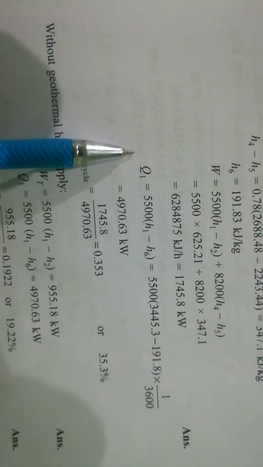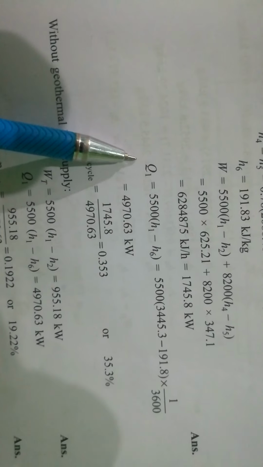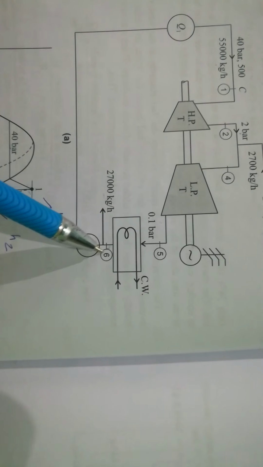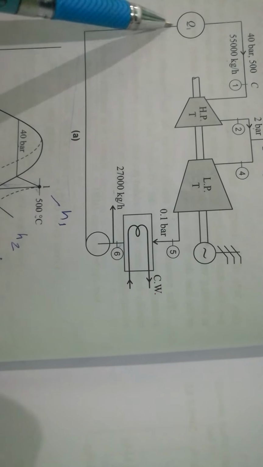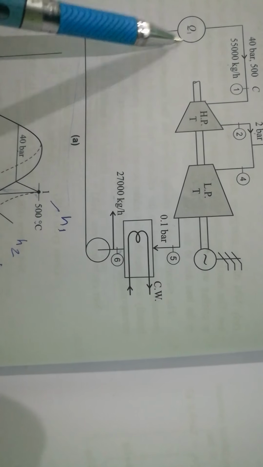So efficiency is W upon Q. Q is equal to flow rate times H1 minus H6, because it is the heat addition in the boiler, Q1. H1 minus H6 is equal to Q1.